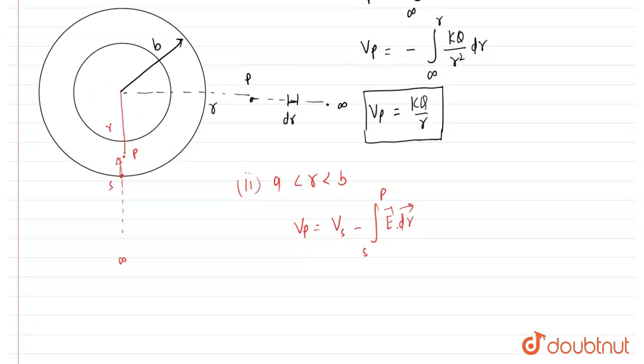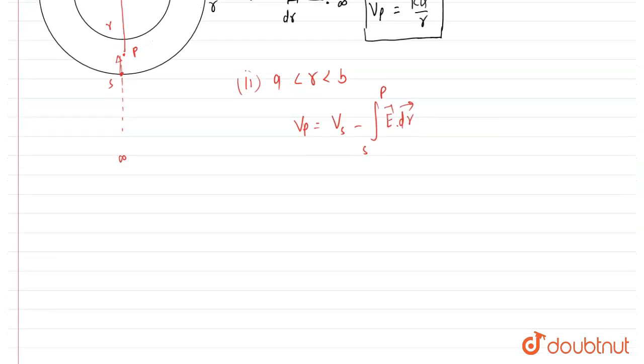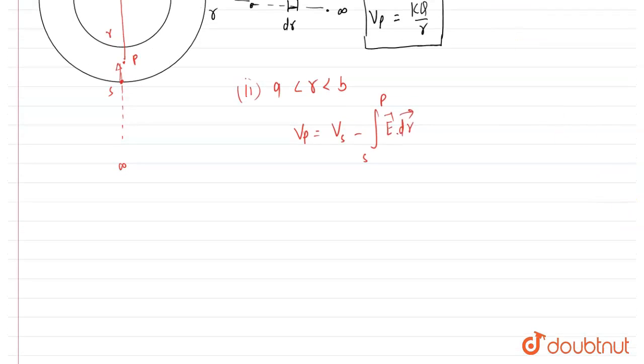From infinity to surface the potential is equal to kq upon r, and for the surface the value of r will be b, because the potential at the surface is kq upon the value of r, which is small b.